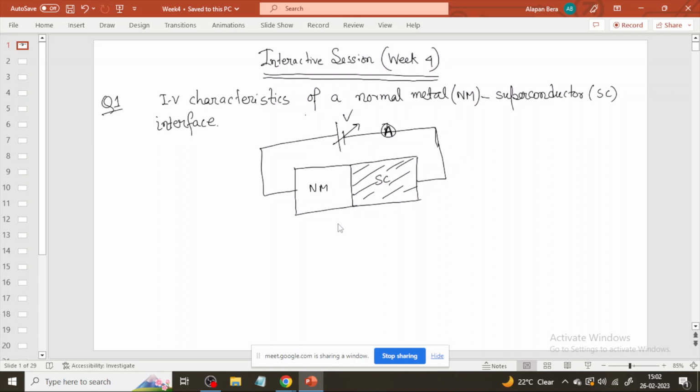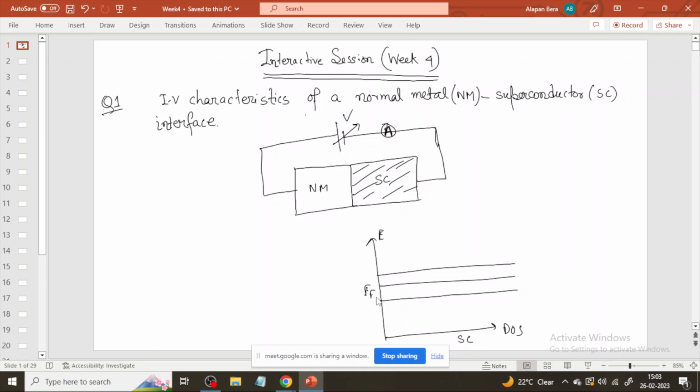We know that in the case of a superconductor, a band gap appears. If we draw the density of states distribution with energy, let's say this is the density of states axis and this is energy E. In the case of a superconductor, the band gap appears at the Fermi surface.